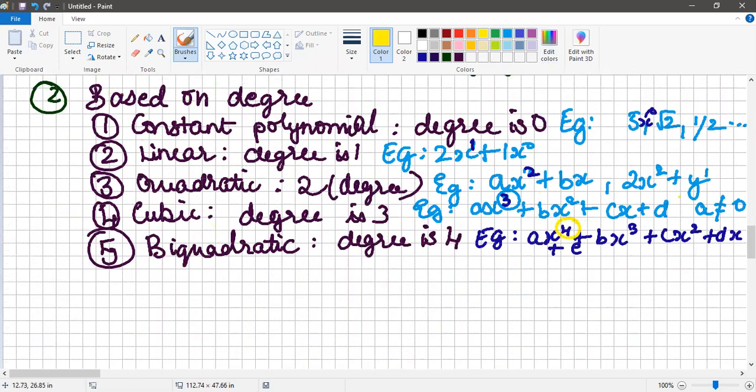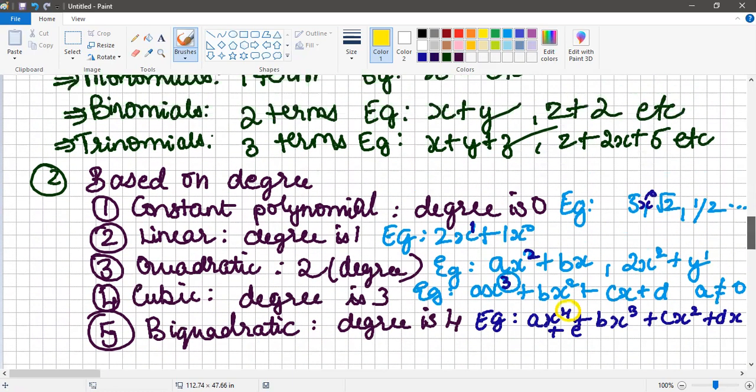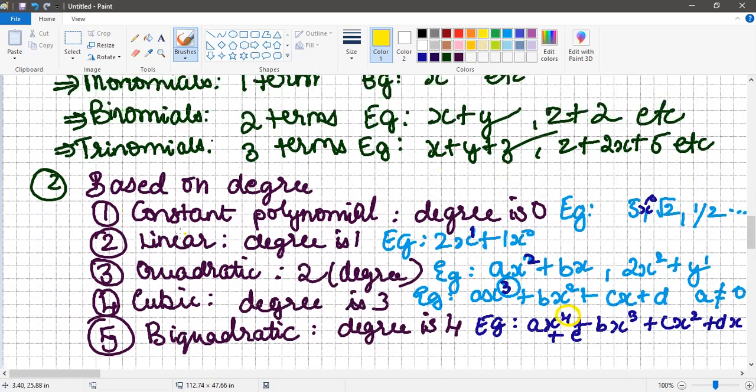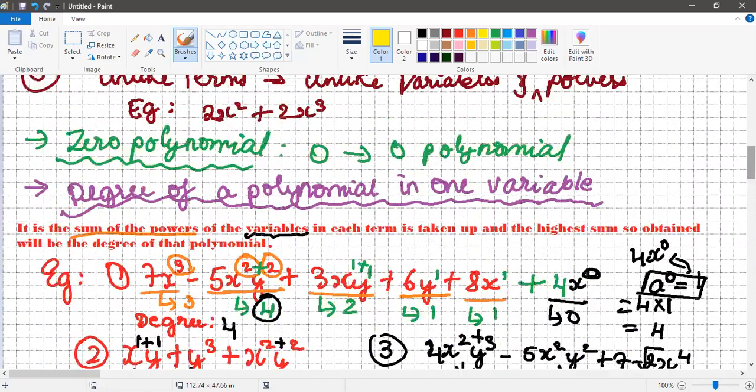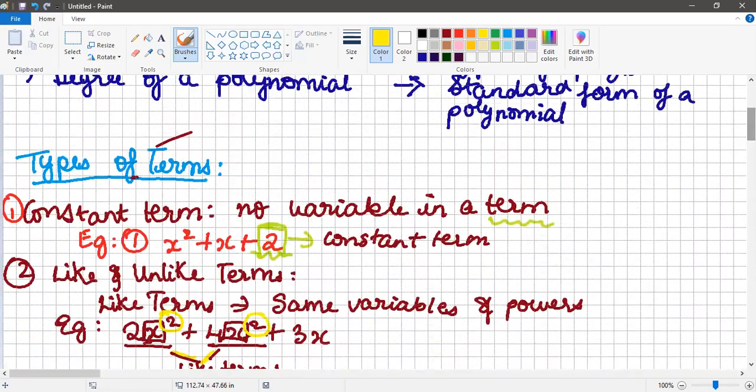So this is nothing but the types of polynomial based on degree. Let's see that once more. Constant polynomial has degree 0, linear polynomial has degree 1, quadratic has degree 2, cubic has degree 3, and biquadratic has degree 4. Fine. So these are the types of polynomials.